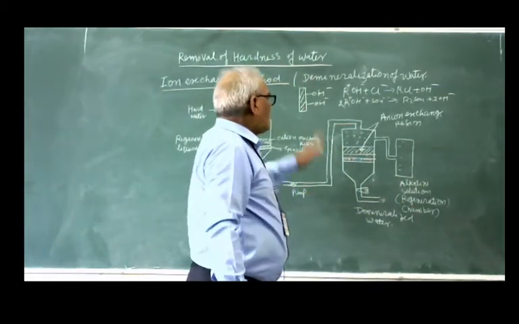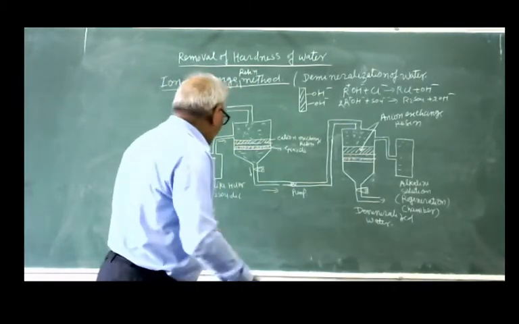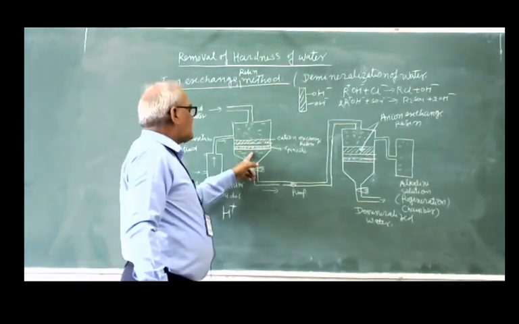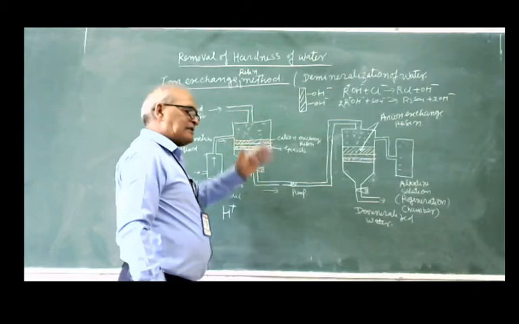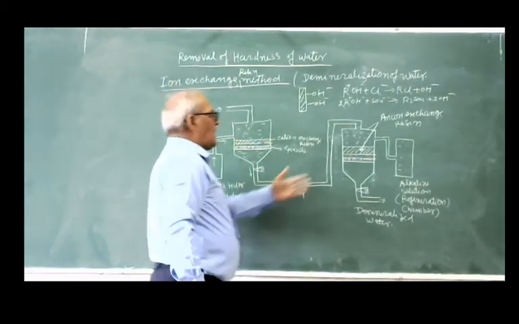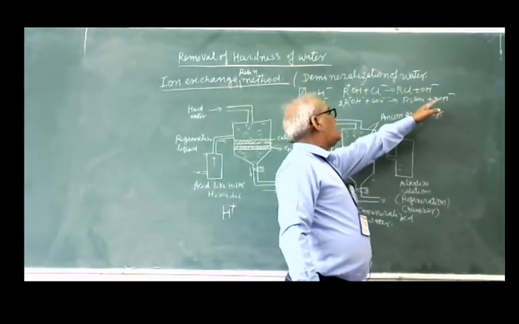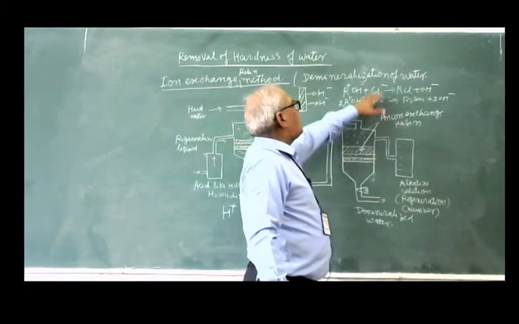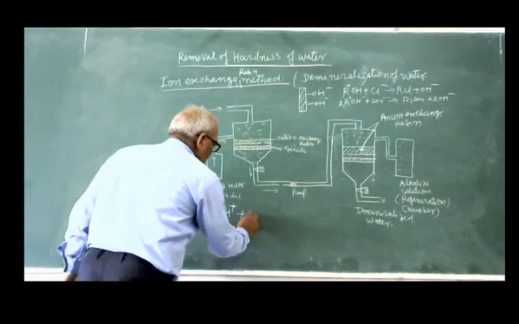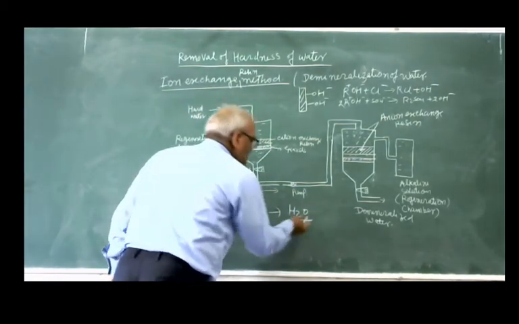So in this way you will follow that finally what we get is H ion here. Calcium replaces hydrogen ion from the resin, so we get H ion. Here, just see, the hydroxyl ion has been replaced by negative ions like chloride and sulfate. So H ion plus OH ion forms H2O.